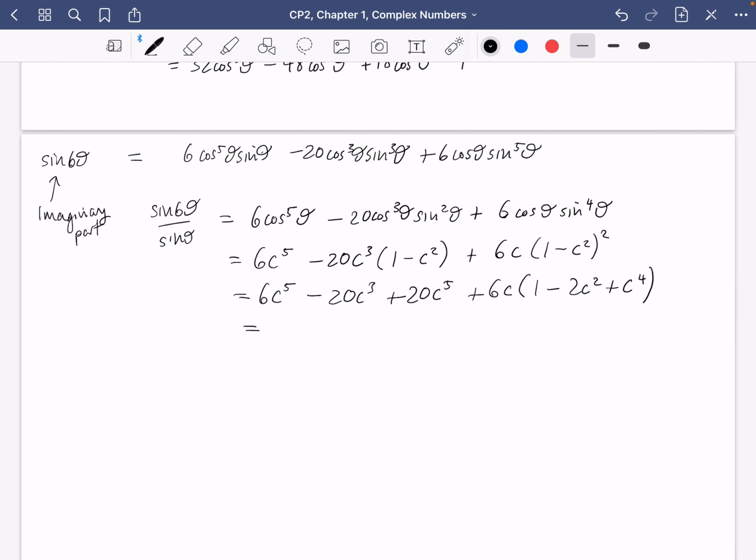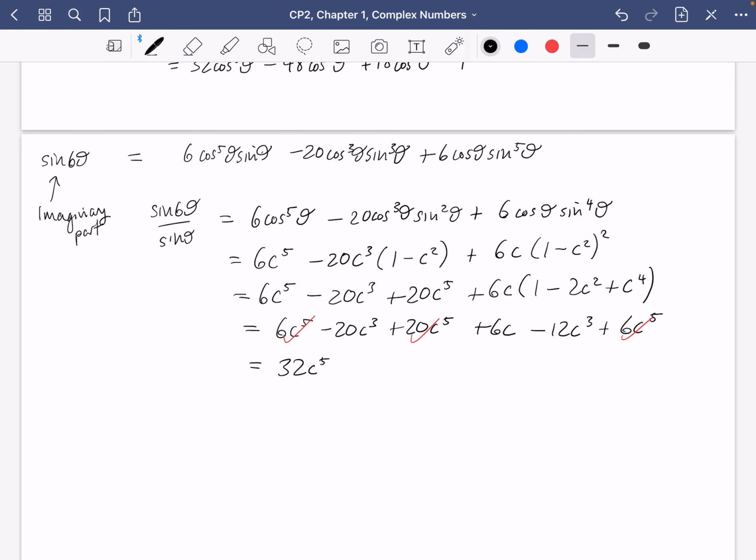So that's 6c to the 5 minus 20c cubed plus 20c to the 5 plus 6c minus 12c cubed plus 6c to the 5. So gathering together all of the c to the 5s, that's 6, 26, that's 32c to the 5.